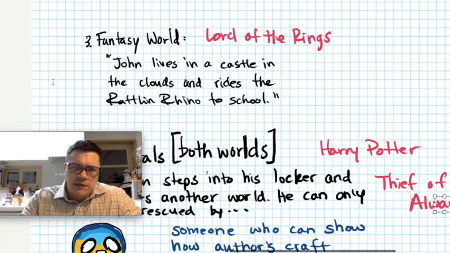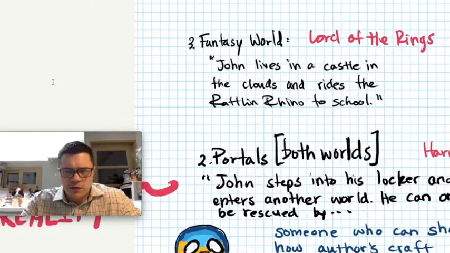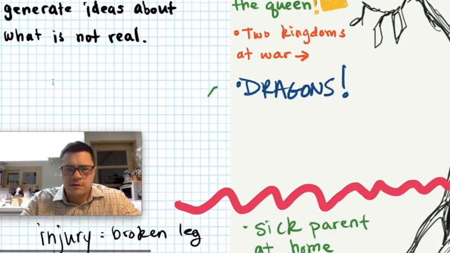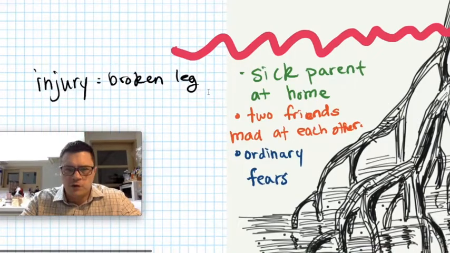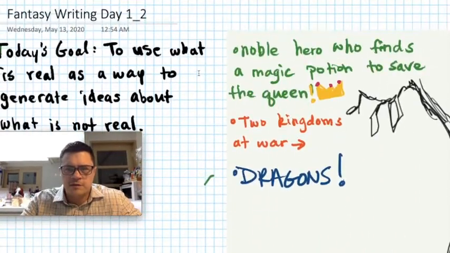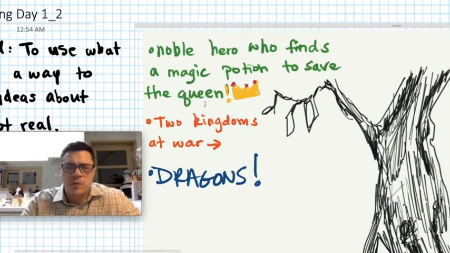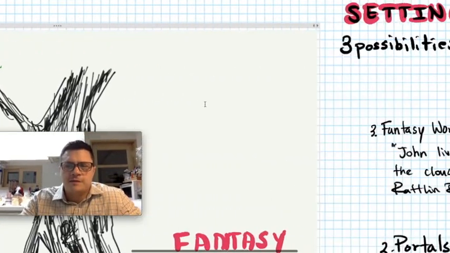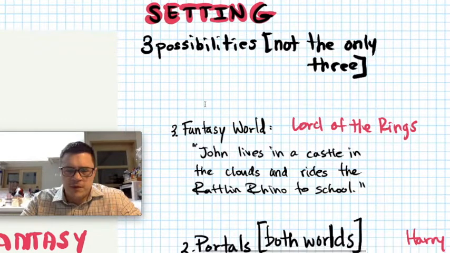Okay, so what we did was we looked at 2 ways to generate and develop ideas. Okay, one is to look at conflicts of our real world and use them to generate ideas about the fantasy world and what might happen there. The second method is to think about the setting.